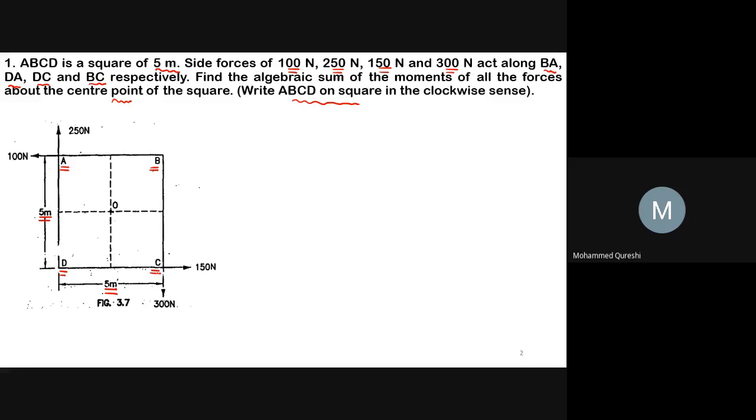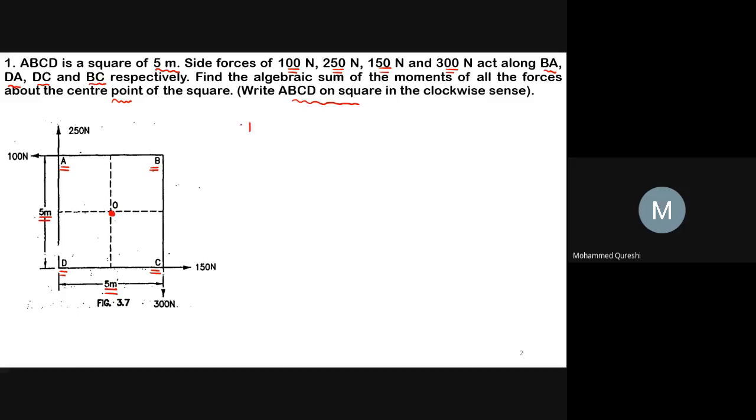So all the side forces are taken as given in the statement. Now we will find the algebraic sum of moment of the four forces about the center point of the square.